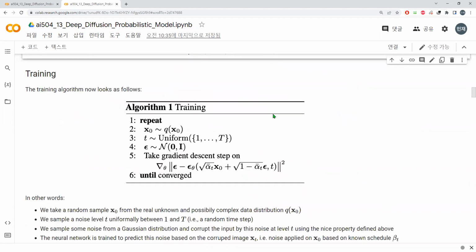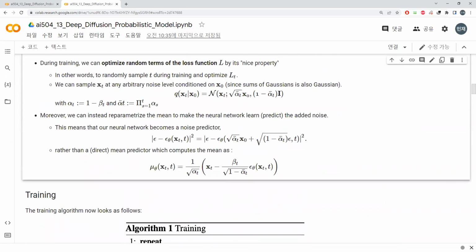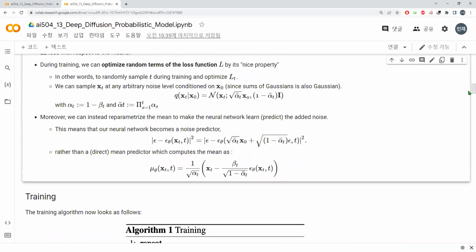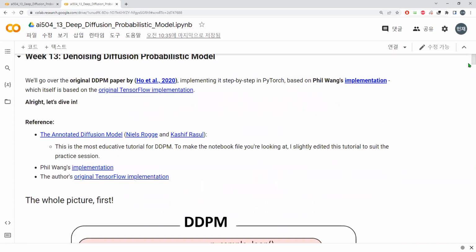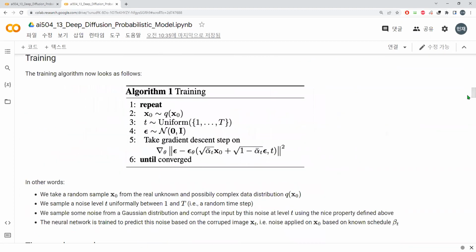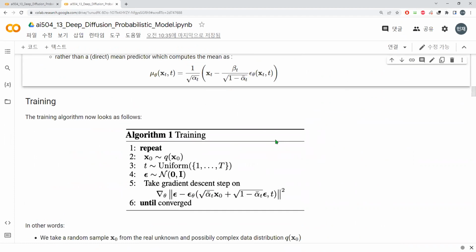Okay, training process. I said a bunch of things like this, but these 6 lines of our algorithm say everything. Sample 3 things and make noisy data, and by using it, predict epsilon theta.